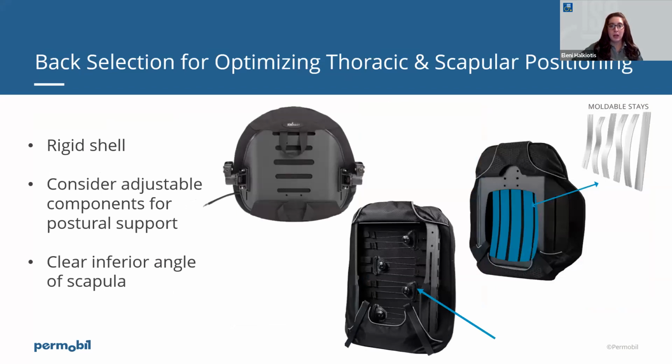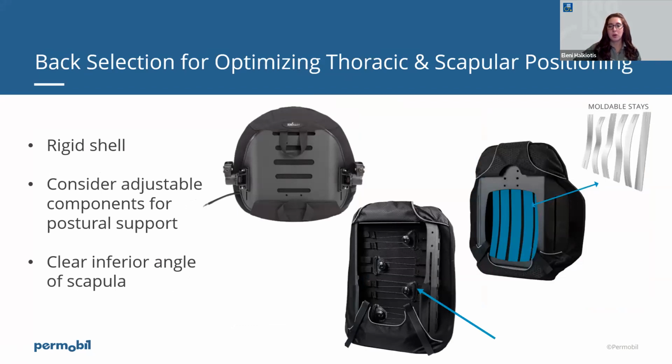When we're considering applying this to practice, we want to think about the type of back support we would utilize to optimize thoracic and scapular positioning. Certainly starting with a back support that has a rigid shell will assist to provide much more support than your tension adjustable upholstery or something like that.